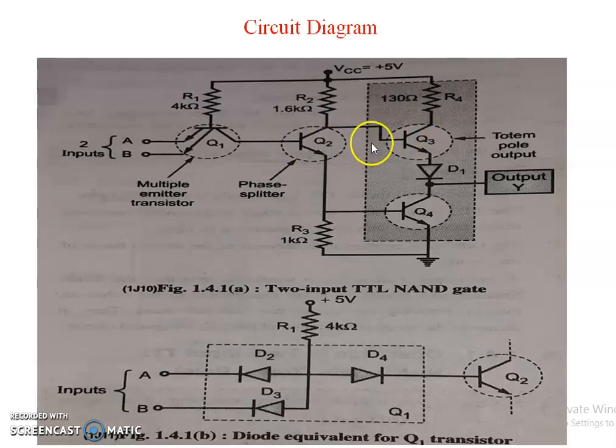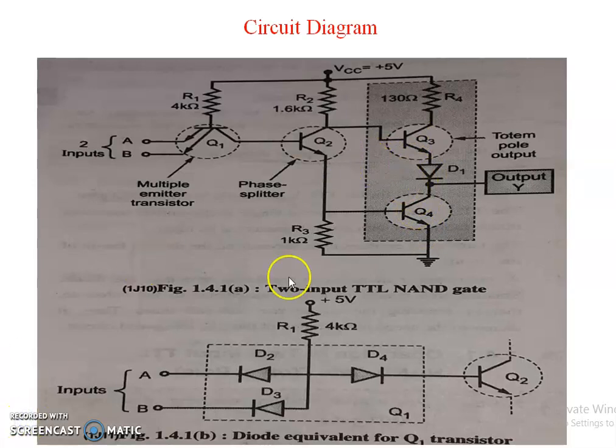Hence, Q2 provides the base voltage to Q3 and Q4. So, if Q2 provides logic 0 to Q3, then it will provide logic 1 to Q4 and vice versa.